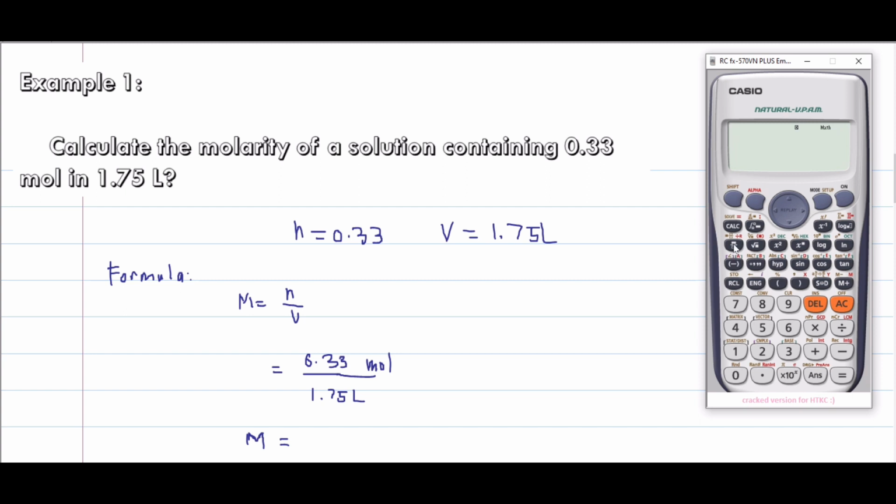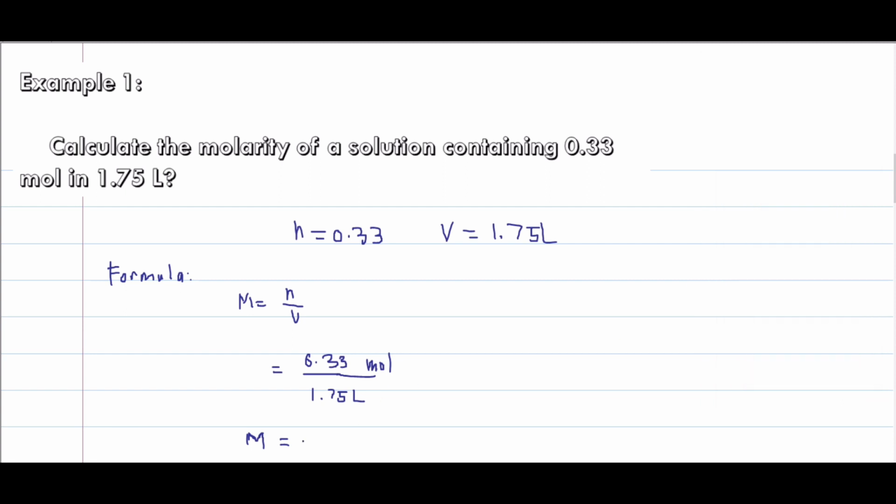When you calculate 0.33 over 1.75, that is equal to 0.189 molar, or M. This is the answer.